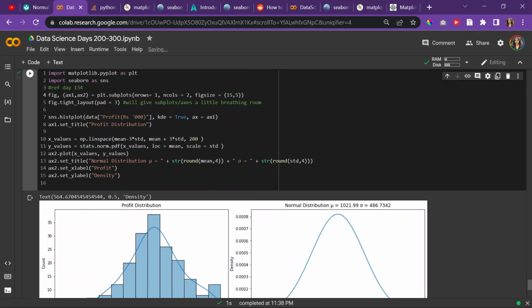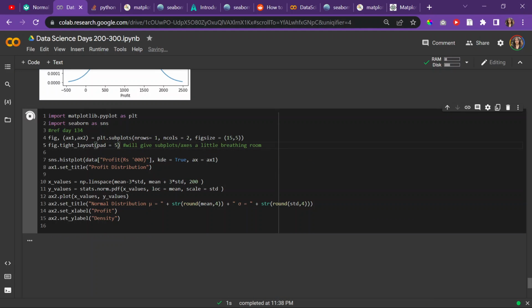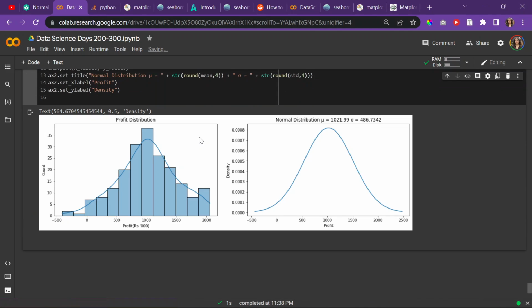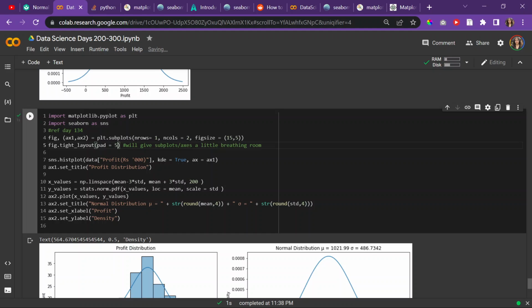Alright, only thing is, I maybe want a padding of 5 because I feel like they're too close. Okay, the second thing is figure tight layout pad equal to 5. So we target the figure.